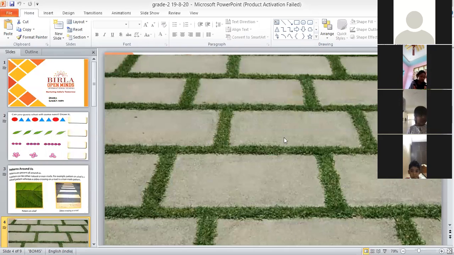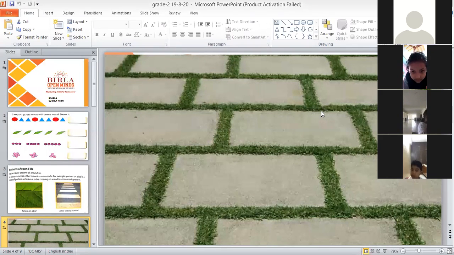A man-made pattern is a pattern which is made by man, and a natural pattern is not made by man. What is it? See, tiles are... Grass is a natural thing. That wall is a man-made thing. But then you have to tell about this complete pattern, whether this is man-made or natural.